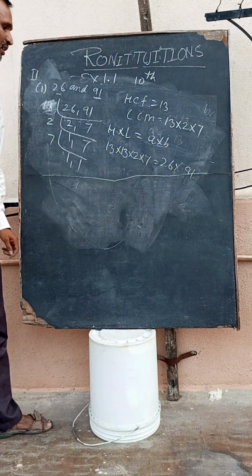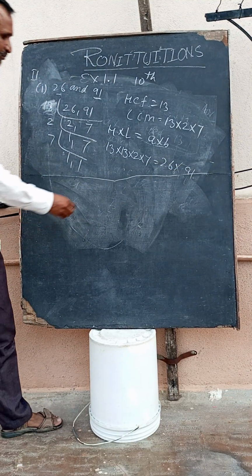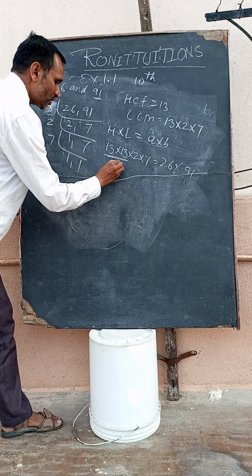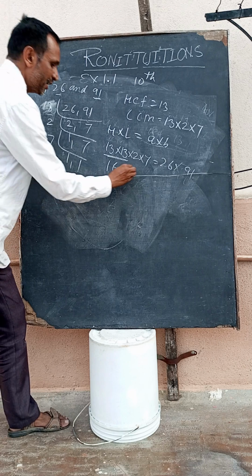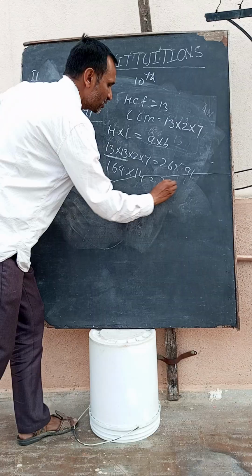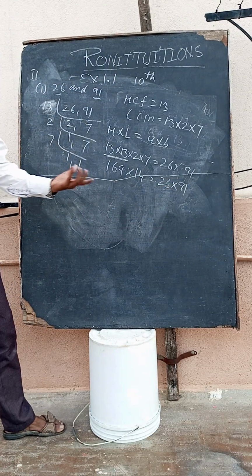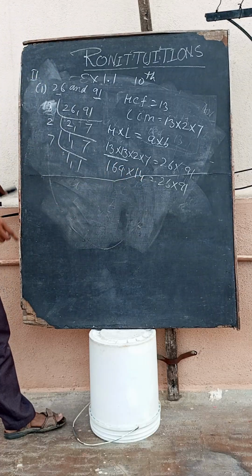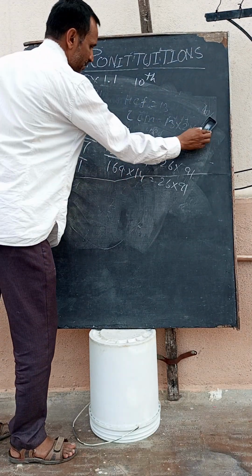If we multiply, 13 into 13 becomes 169, into 14, is equal to 26 into 91, because it will come the same. If you multiply this number 14, let us erase this side after that.